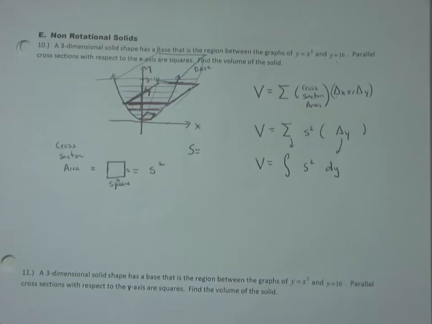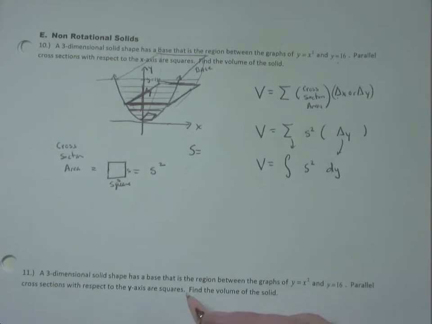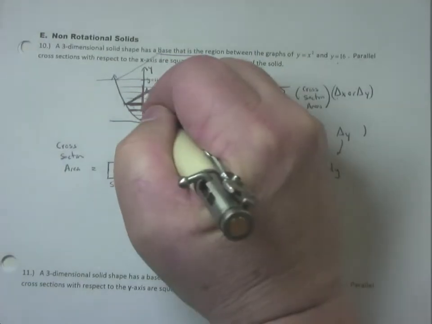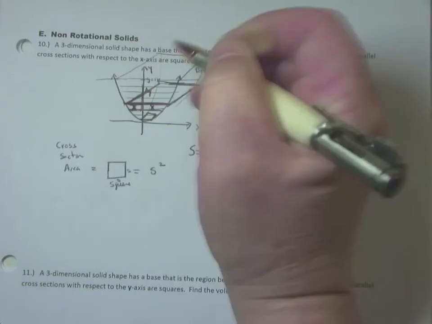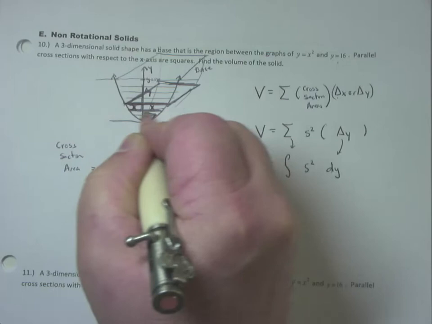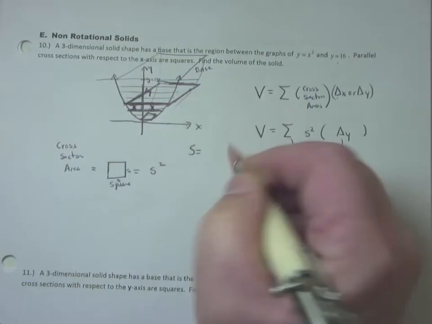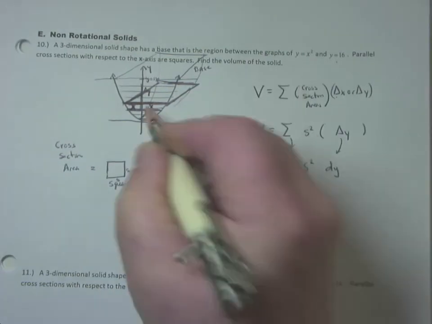When you move away from the y-axis, what direction are you going? I'm trying to convert this into an x variable or a y variable. When I move away from the y-axis, what direction do I go? X. So this will be x on this side, and because of symmetry, it's x on this side. So what is the total distance of that side right there? 2x is going to be my side.